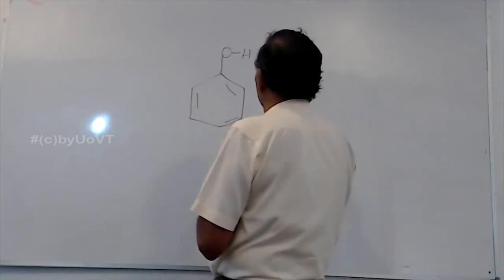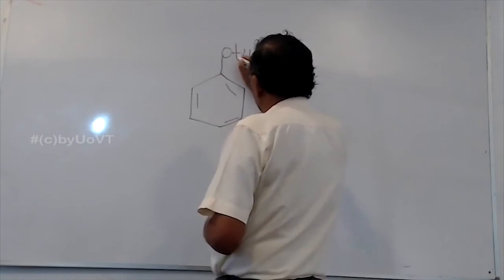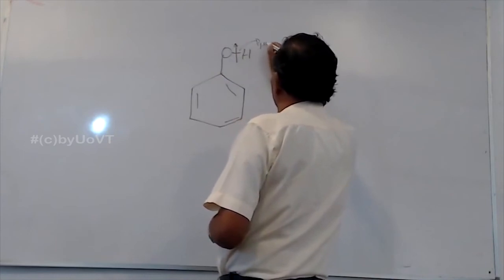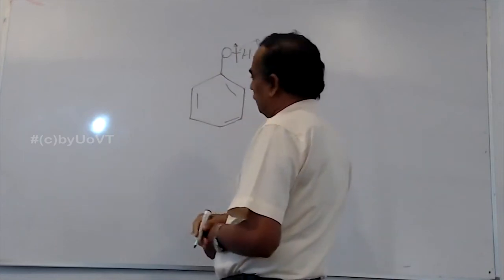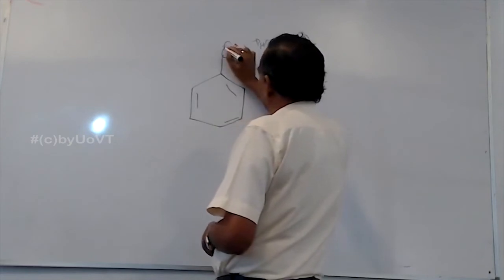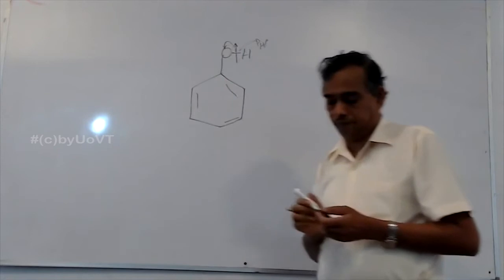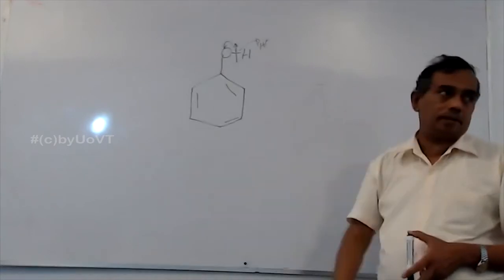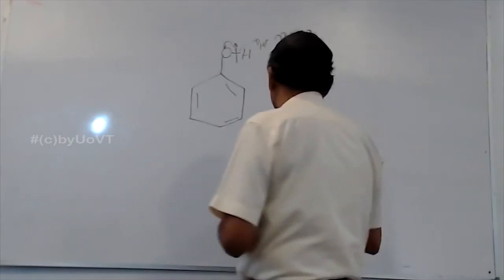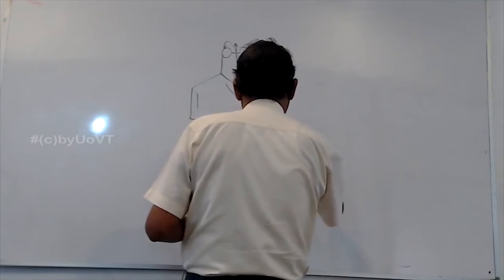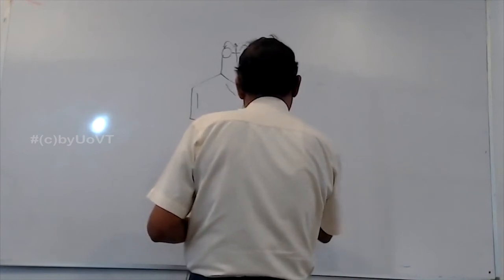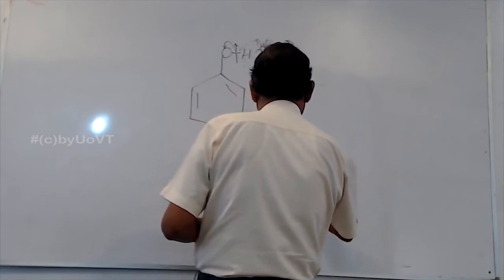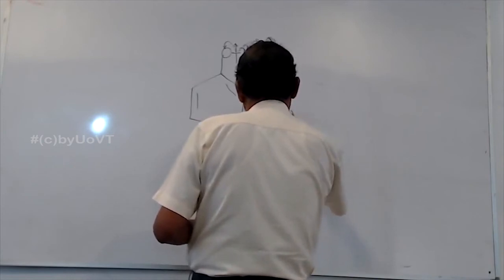It is like this. Initially, the hydrogen is released as H plus and gives the electrons to the oxygen. What is the product? The product is the phenate ion, O minus.